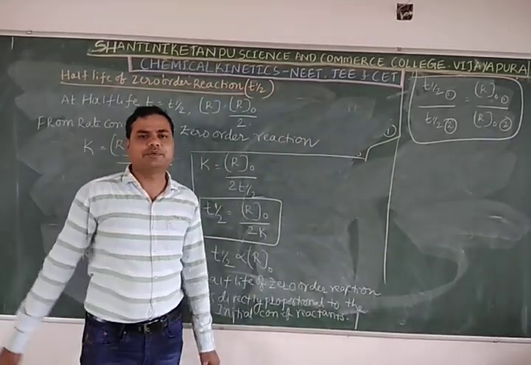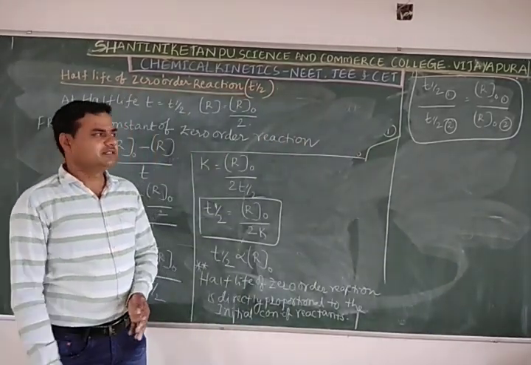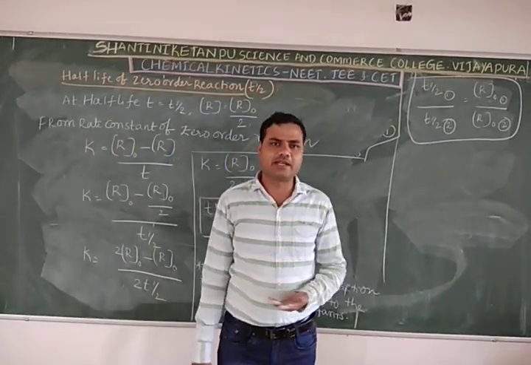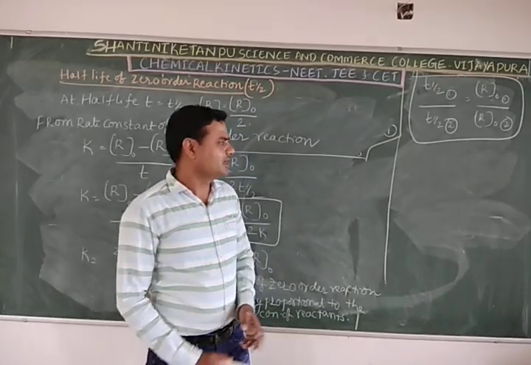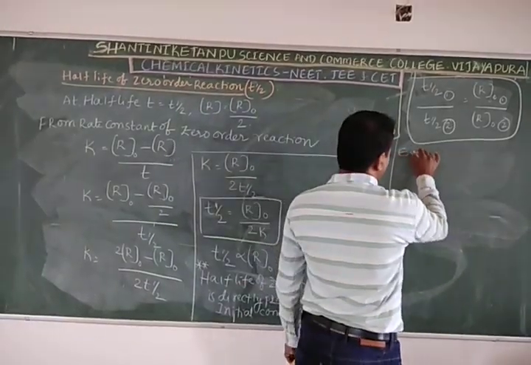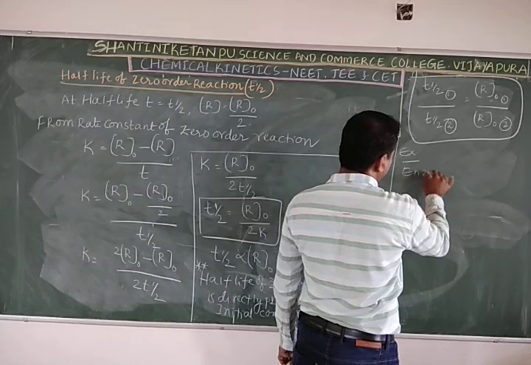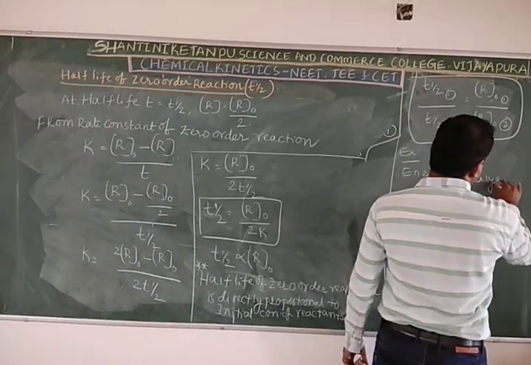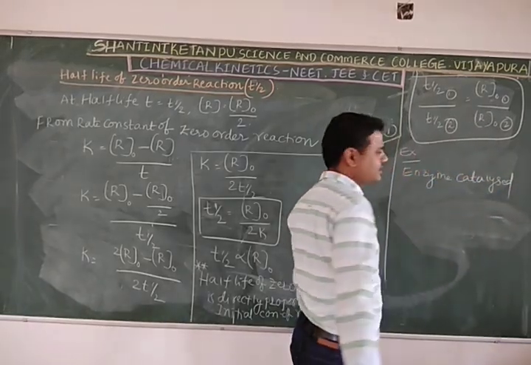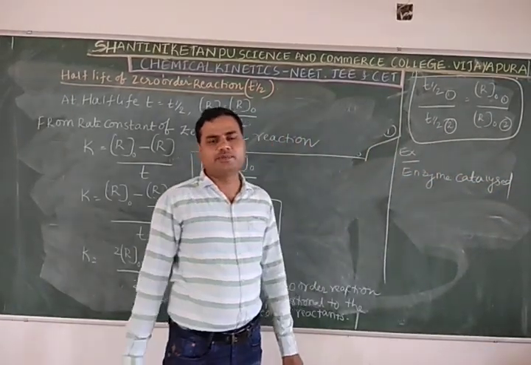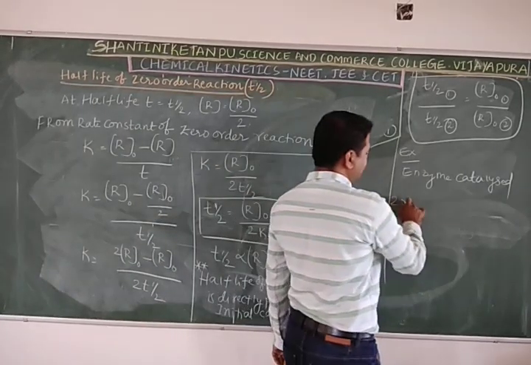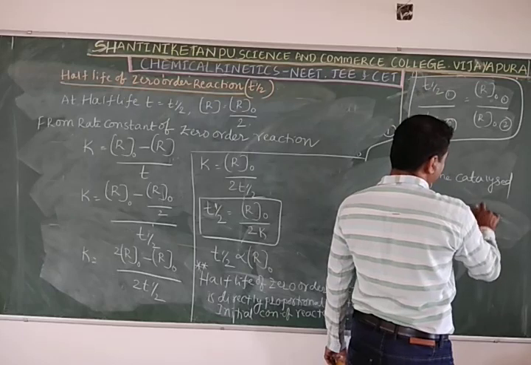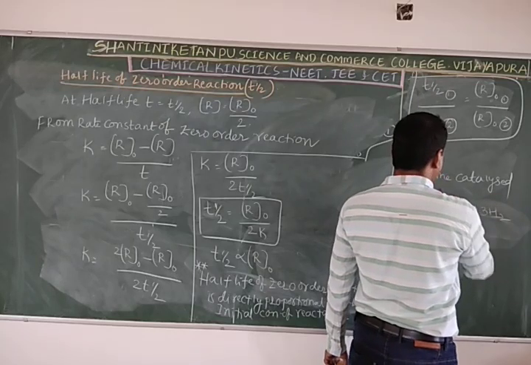And what are the examples for the zero order reaction? There are so many examples we have for the zero order reaction. The main example is enzyme catalyzed reaction. Enzyme catalyzed reactions come under the type of a zero order reaction. Another is the decomposition of ammonia on the platinum surface, where it is decomposed into nitrogen plus hydrogen.